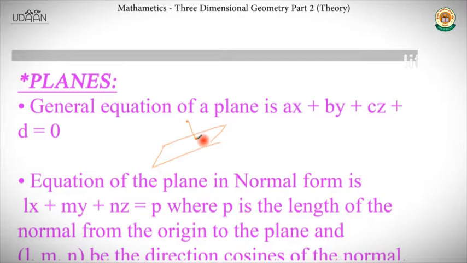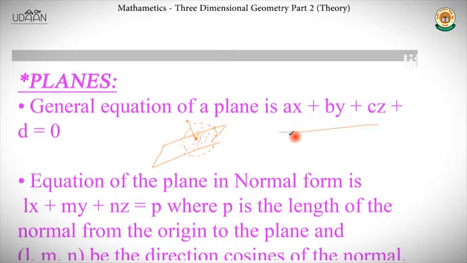This is a given point. So all the collection of points which are equidistant from here, all these points lie in the plane. They actually need not be equidistant.